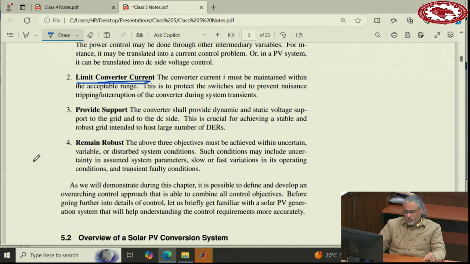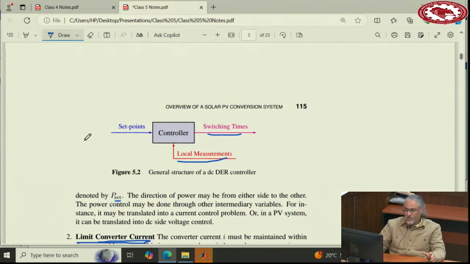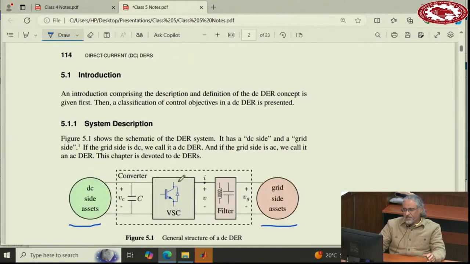And then, provide support. This is an aspect that we will go into in detail as we go on. Inertia and other types of support to the power grid, or to the other side, to this side or this side. Support can be provided by this entity to either side.